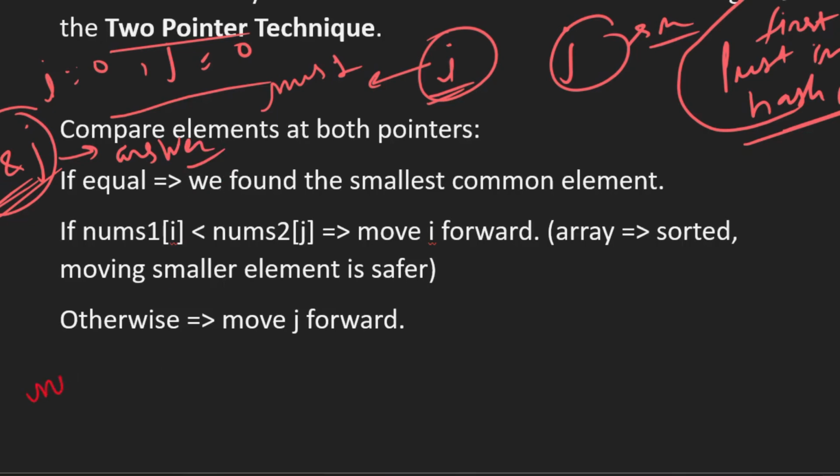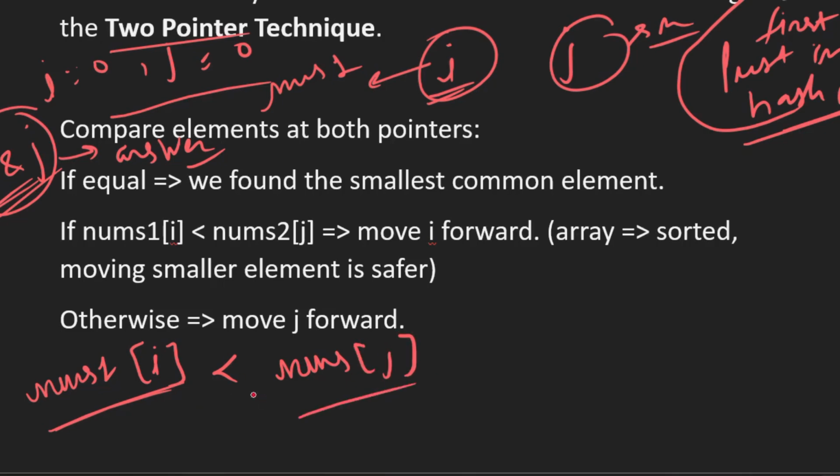But if nums1 of i is lesser and nums2 of j is greater, what is the chance that they can be equal? They can be equal only if we shift i to an element which is equal to nums2 of j.